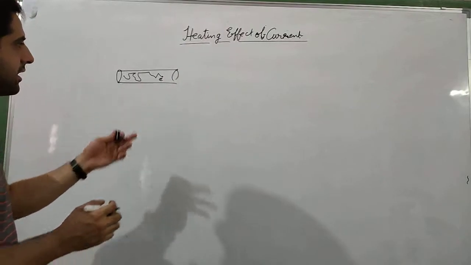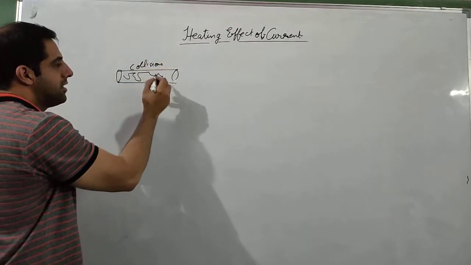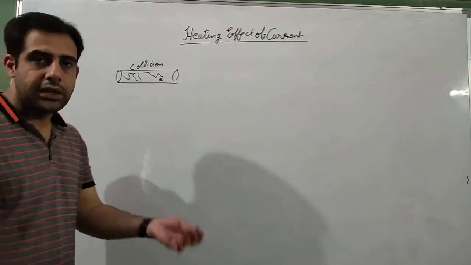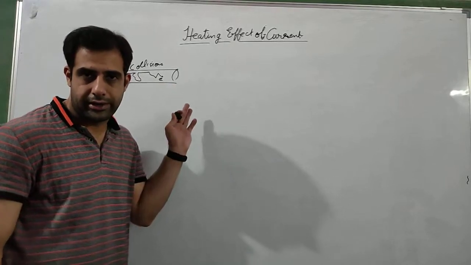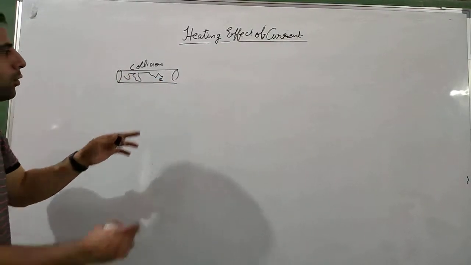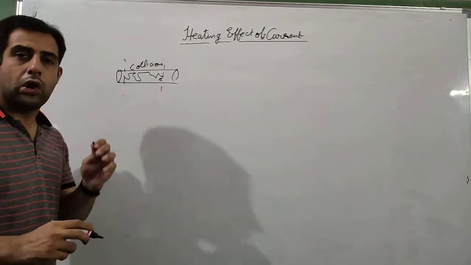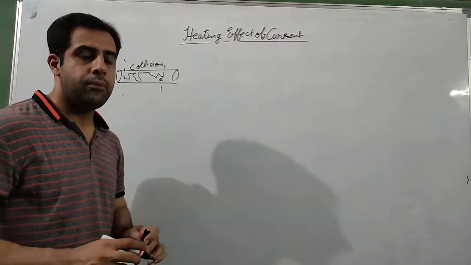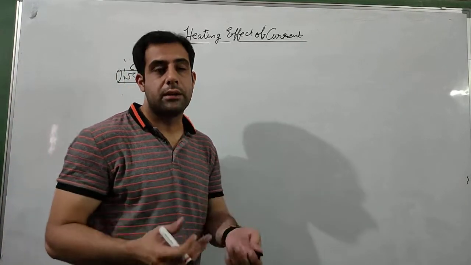Why is that zigzag? Because there are a lot of collisions that this electron has to face with other electrons, with other ions and atoms and molecules of this particular conductor. So the electron will go from this point to this point, but it will suffer a lot of collisions, and every time an electron collides it releases some energy, it loses some energy.